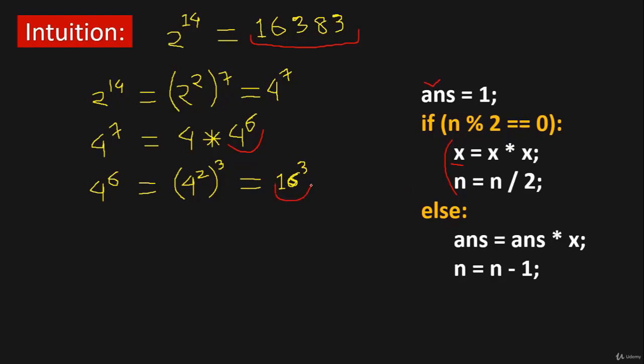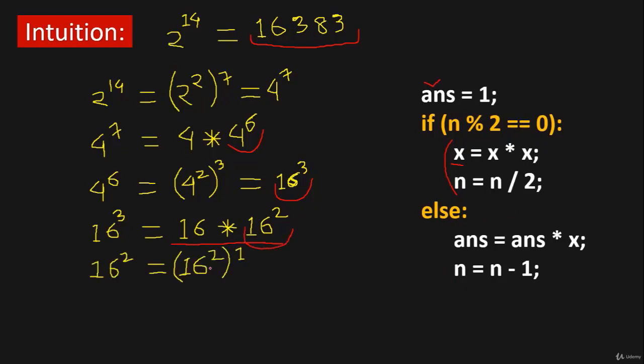Now let's find out the value for 16 to the power 3. Since 3 is not divisible by 2, we'll apply this formula and we get 16 times 16 to the power 2. So let's find out the value for 16 to the power 2, and we can rewrite this like so: 16 to the power 2 and here 1. If we calculate 16 times 16, we get 256, and we have 256 to the power 1.